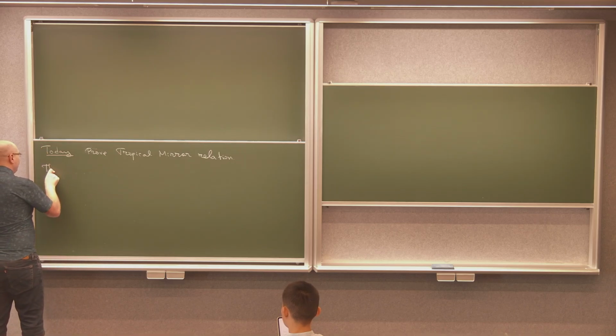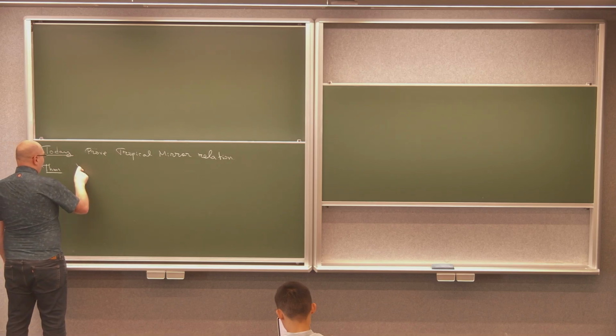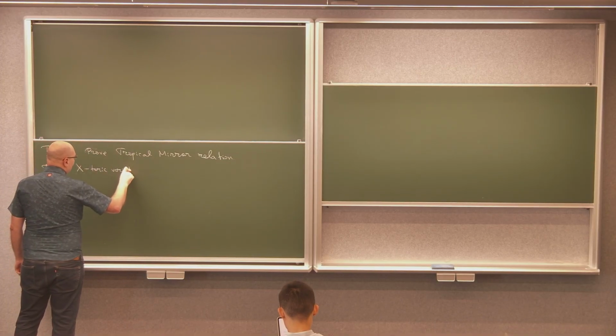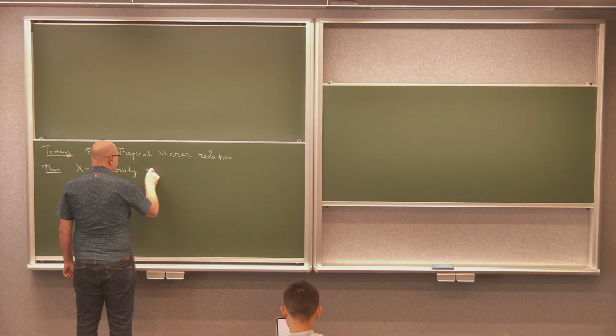Okay, so the main theorem works in the following way. We have X, which is a toric variety, and it is given in terms of a polytope.